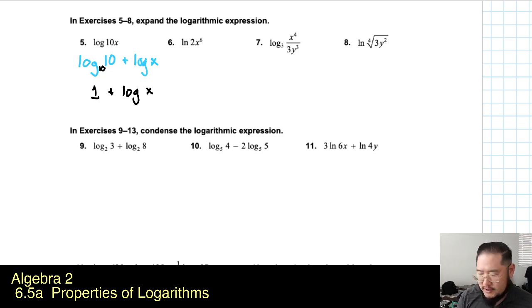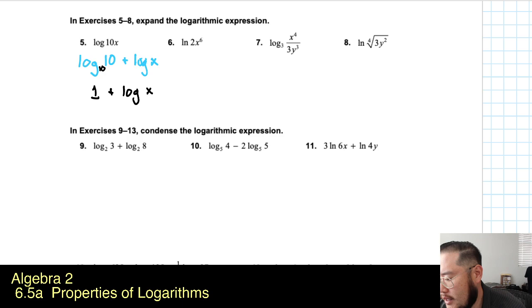Next up, number 6. This is where things get a little tricky. Okay, we have ln of 2 times x to the 6th power. Now right here, one of the things we talked about is, hey, how about we take that 6 and bring it out to the front? But when we're expanding the logarithm, we don't do that in the beginning. So here's what we're going to do first.